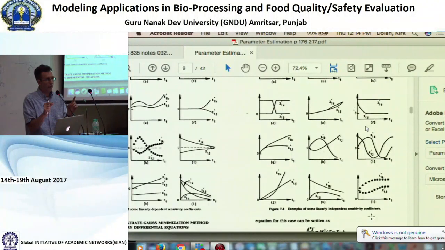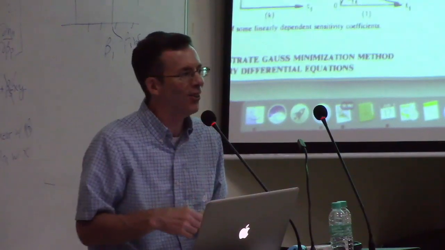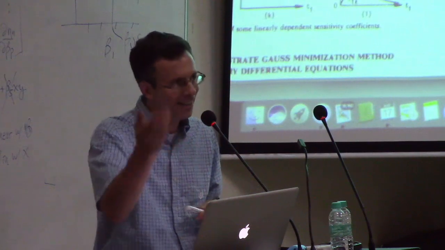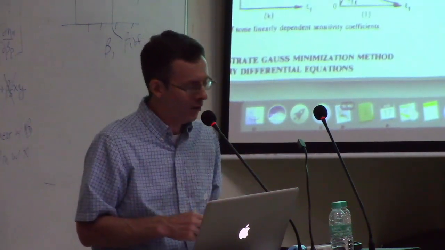So what that does is it prevents your sum of squares from being non-convergent. That's beyond this course. I mean, that's something that we can discuss outside. Okay, it's a good question.